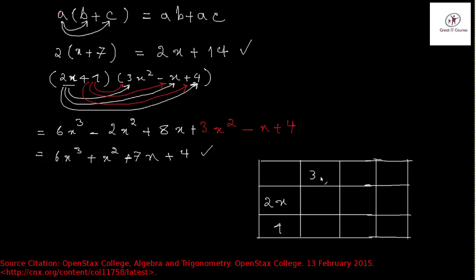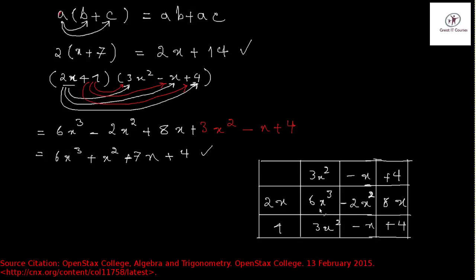You write this as 3x squared minus x plus 4, and then you multiply. 2x into 3x squared is 6x cubed. 2x into minus x is minus 2x squared, and 2x into 4 is 8x. And then 1 into this whole thing is 3x squared minus x plus 4.